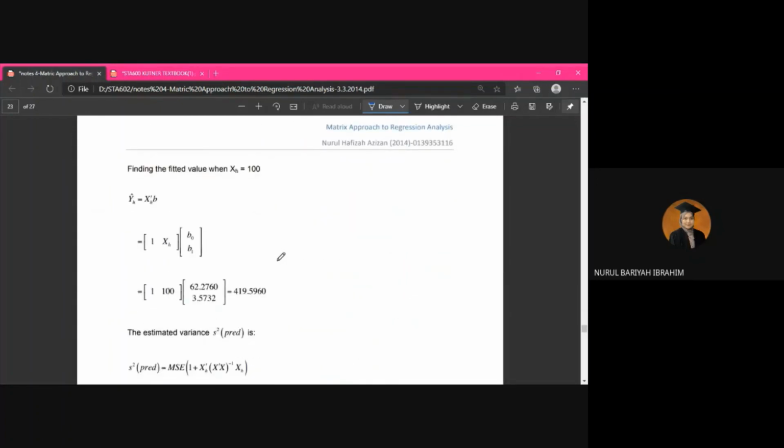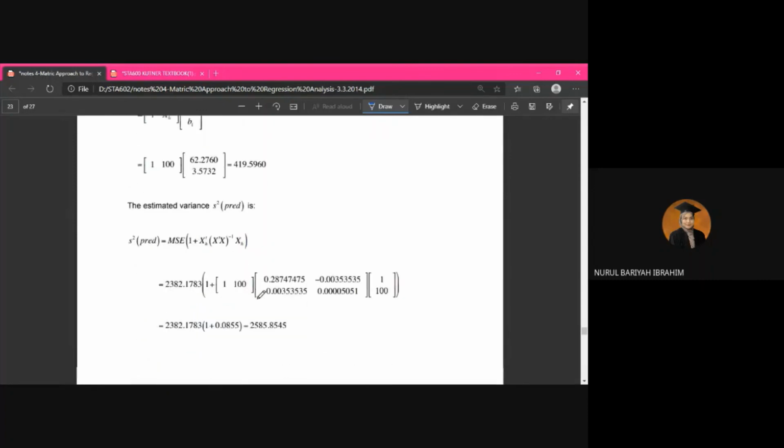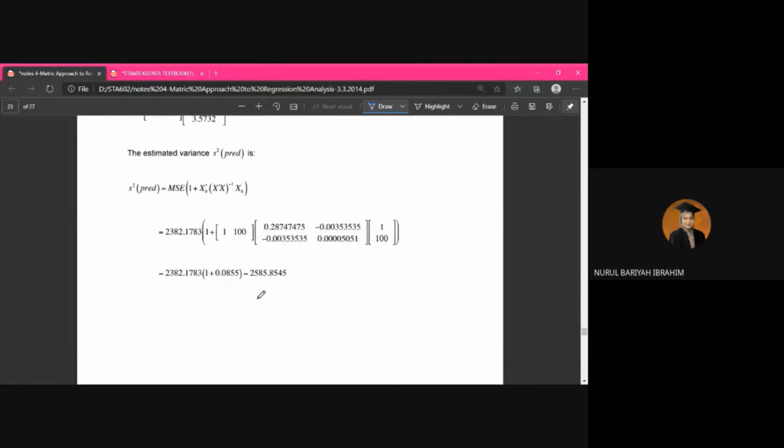Let's say we want to find the interval for the prediction value at x h equals 100. To get Y hat, this is the same formula as before. Only the variance of prediction is different here. MSE, this is the X h, the X transpose X inverse.